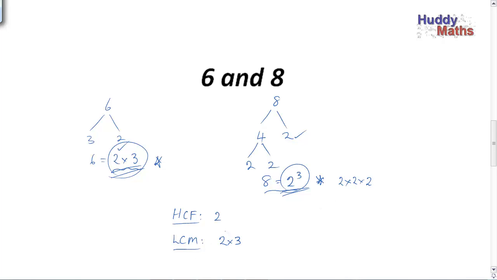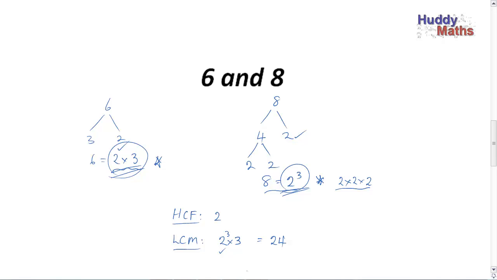So we better make this 2 here 2 cubed. So we'll have the 2 necessary to make up 6, and the other two 2's here to make up 8. All right, so our lowest common multiple will be 24. So we're actually constructing the multiples and the lowest common multiple and the highest common factor.